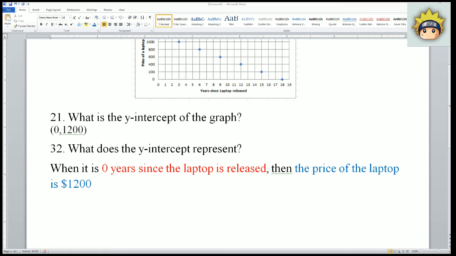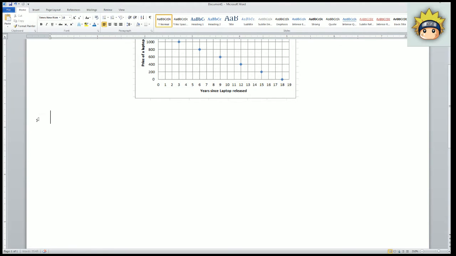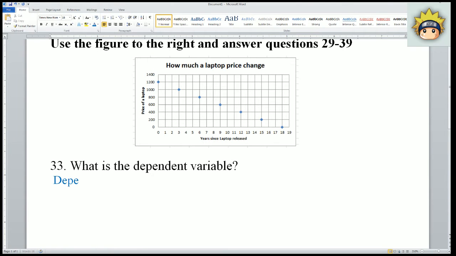Okay? Let's look at some other questions here. 33 asks us what is the dependent variable. Remember that the dependent variable is always... give me one second.